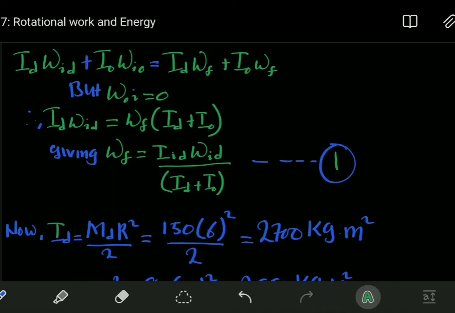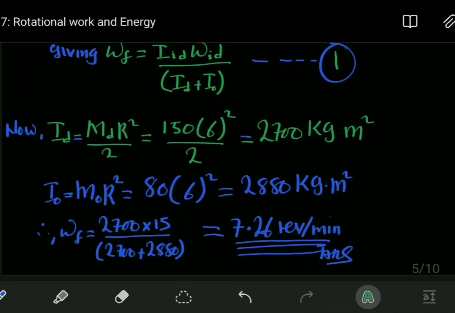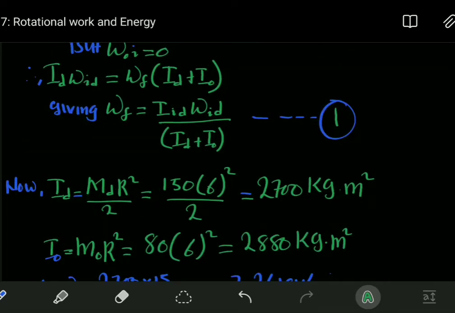So for the disk, we have the mass of the disk times the radius squared over 2, giving us the moment of inertia of the disk as 2700 kg m squared. Similarly we find the moment of inertia for the person. We have I naught equals the mass of the person times the radius squared, giving us 2880 kg m squared. Okay, so with these values we simply substitute into equation 1 here.